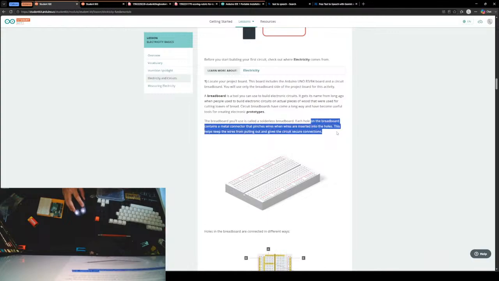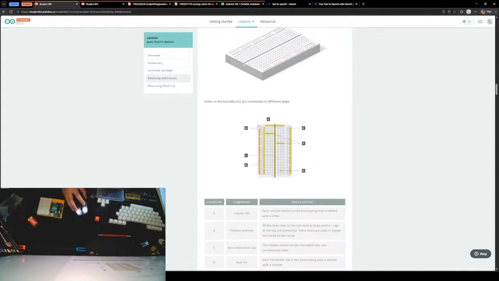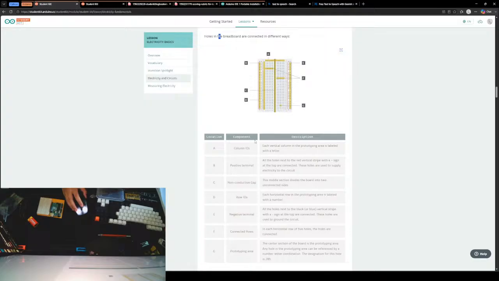When wires are inserted into the holes, this keeps the wires from pulling out and gives a secure connection. Positive terminals.